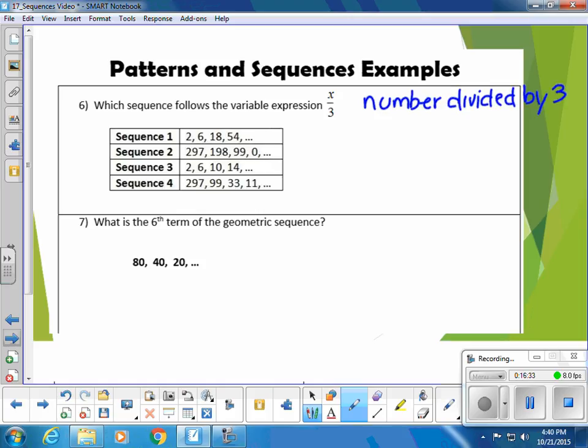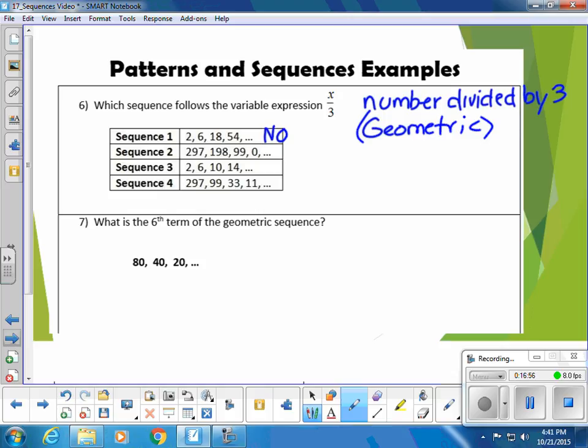And that's a geometric because it's division, right? So if we look at the first example, am I dividing here? If I'm going from 2 to 6 to 18, I am not, because I'm going up. If I'm dividing, my numbers have to get smaller.